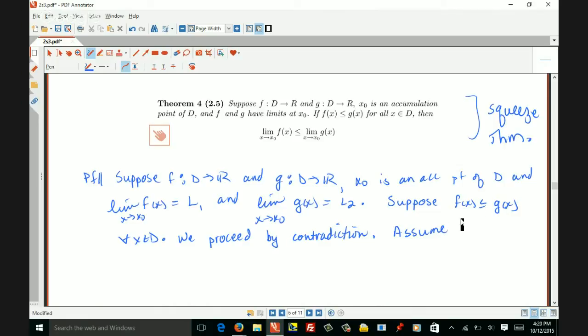Well, the limit of f of x is L1, so assume L1 is bigger than L2. Well, if L1 is bigger than L2, then I'm going to define an epsilon to be equal to L1 minus L2 over 2, which is some positive value.